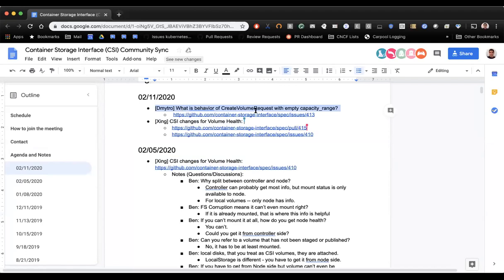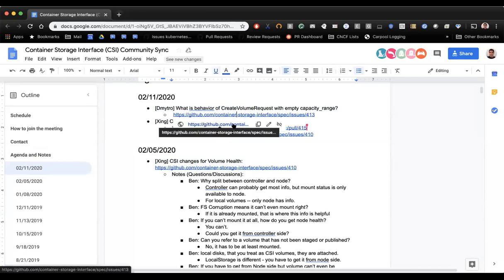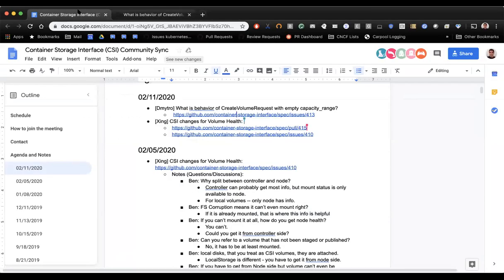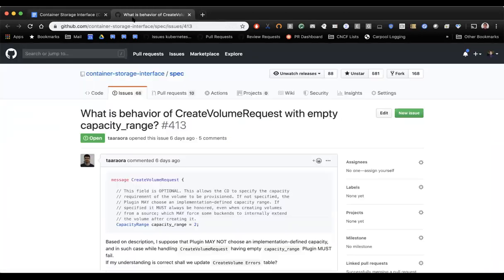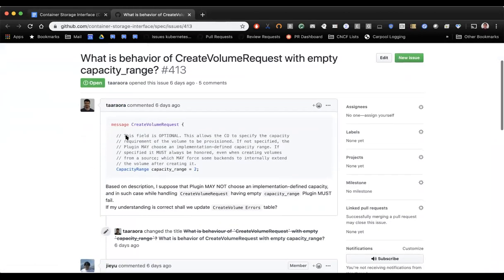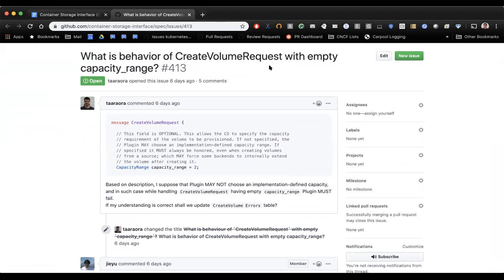What is the behavior of the create volume request with empty capacity range? Is this person on the call? Dimitri's not on the call, but I can represent him. Okay. Basically he's asking for clarification on the spec.